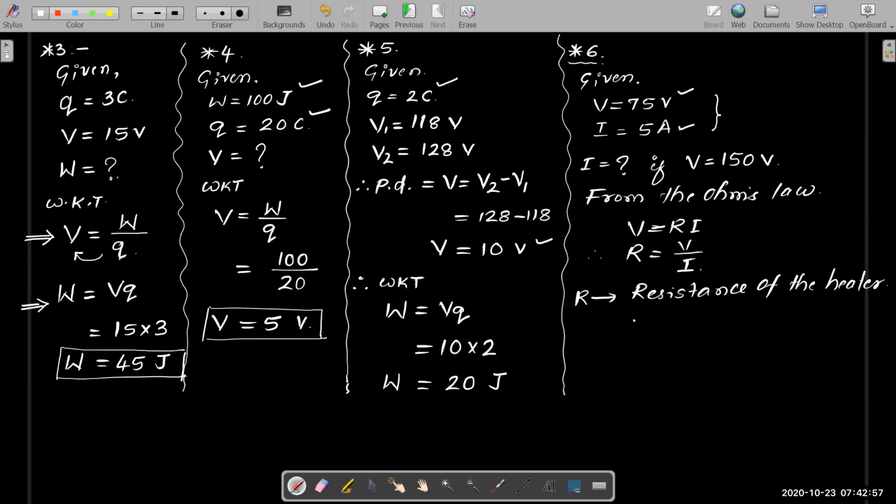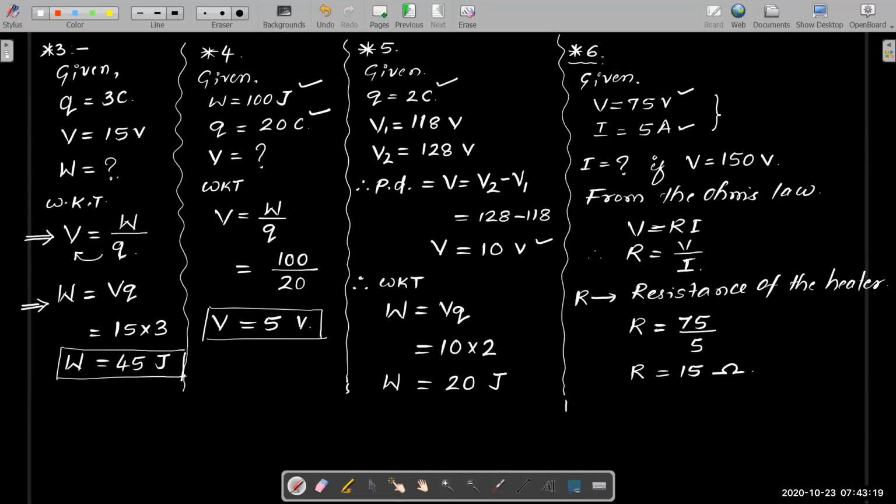So first we have to calculate the resistance, making use of the V and I given. V is 75 and I is 5. Therefore, R is equal to 5 ones are 5, 5 fives are 25... so it is 15 ohm.